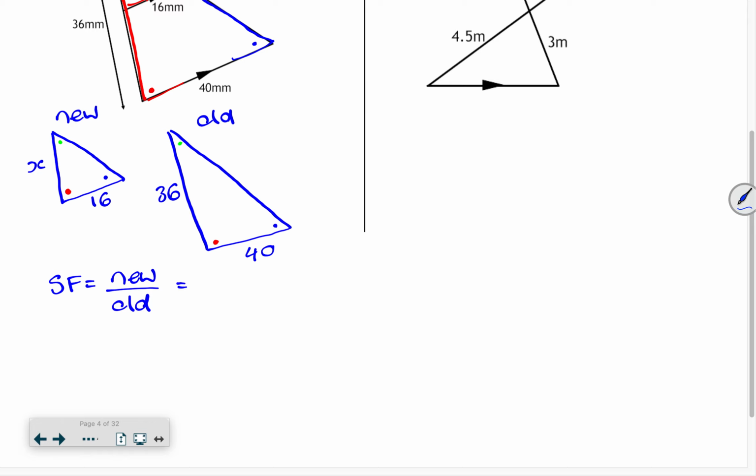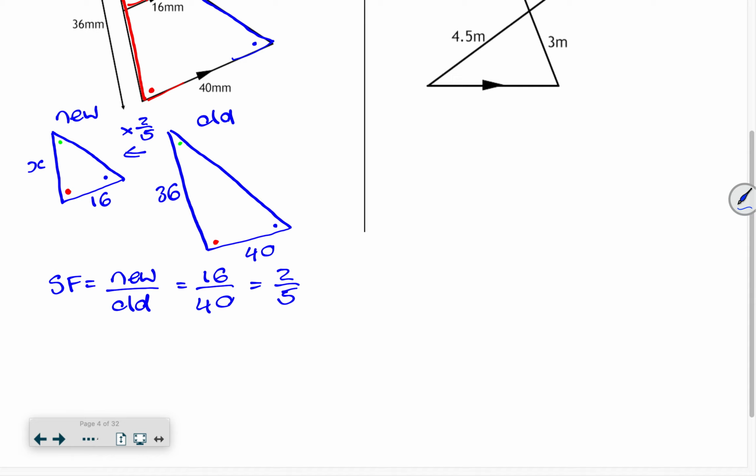So go to the sides that you know something about. You've got 16 and 40. So that's going to be 16 over 40. And then just simplify it down. So 16 over 40 simplifies down to give me 2/5. So this is a 2/5 reduction of the bigger triangle.